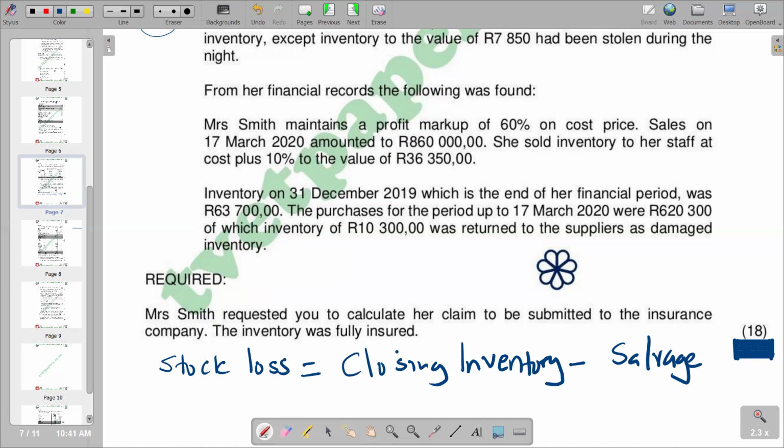For the closing inventory, we are going to open a T account, that is the trading account, and find closing inventory as a balancing figure. The salvage we are given in the question. Salvage is the stock that is remaining after the loss.